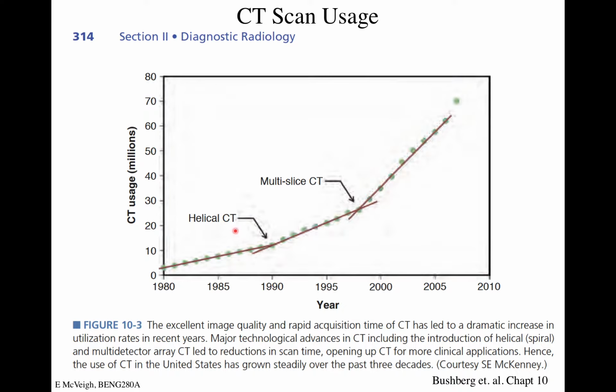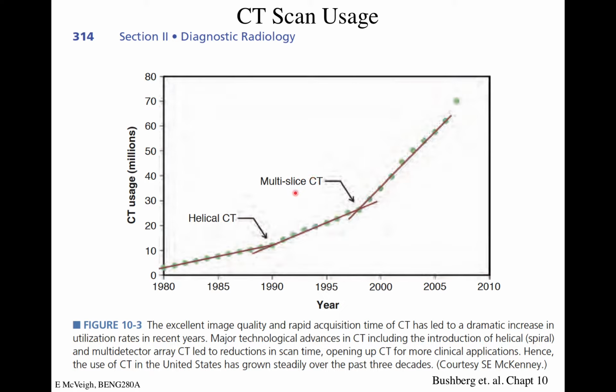Helical CT was introduced by Siemens once they had brushes that could get both power and digital signals across from the gantry when it was in continuous motion, right? And so you just start it moving, and then you can do all your CT, and that made scans much easier and much faster. The image quality was much higher. And so that was a jump.